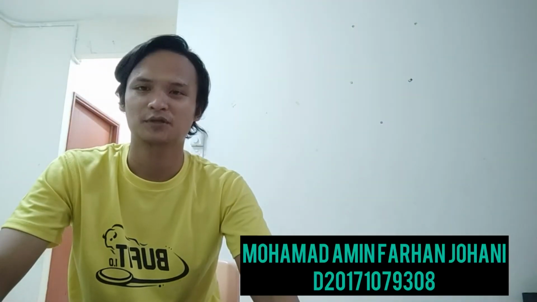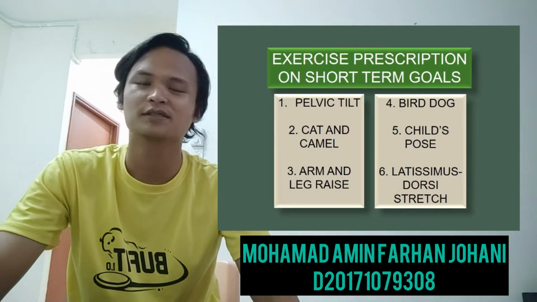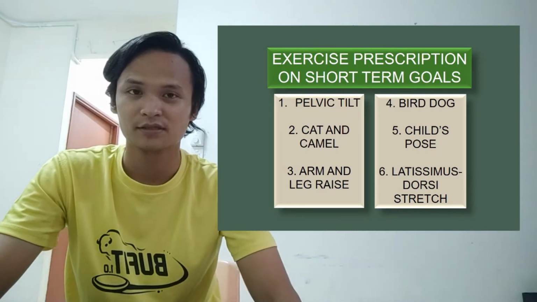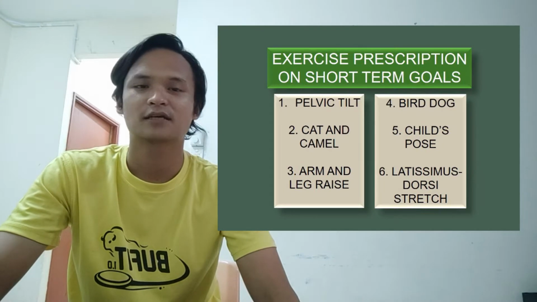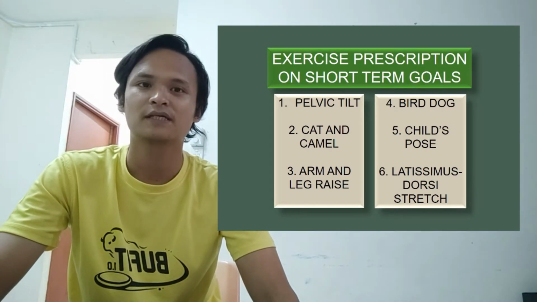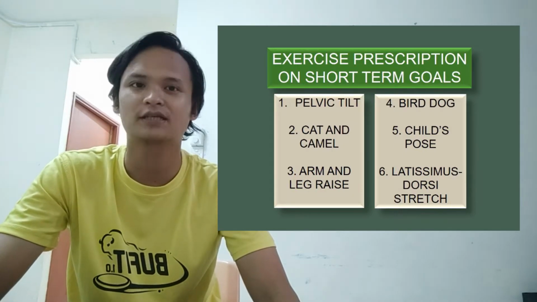Okay, so I will continue with the exercise prescription on short-term goals. First is the pelvic tilt, second is cat and camel, third is arm and leg raise, fourth is bird dog, fifth is child's pose, and last is latissimus dorsi stretch.